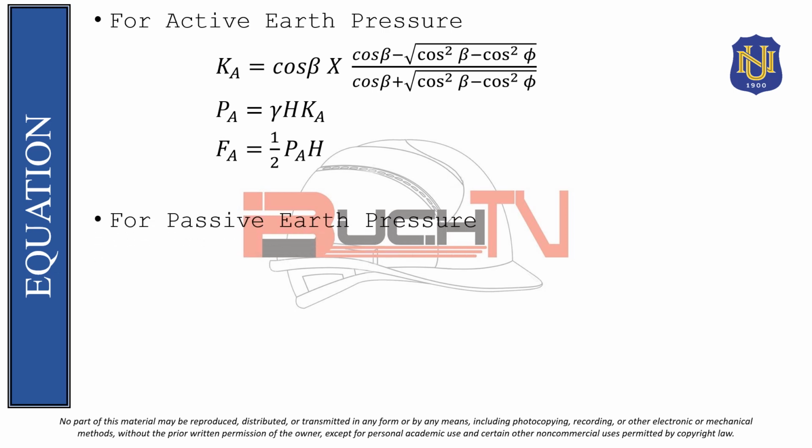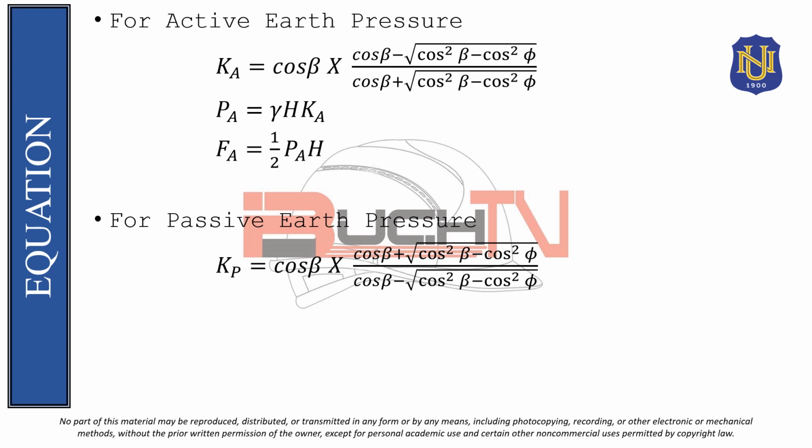Then for the passive earth force or the passive earth pressure, we have the passive earth pressure coefficient, which is cosine of beta times cosine of beta plus square root of cosine squared beta minus cosine squared of phi, divided by cosine of beta minus square root of cosine squared beta minus cosine squared of phi.